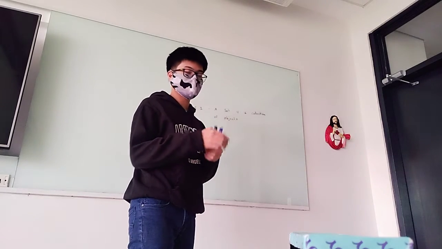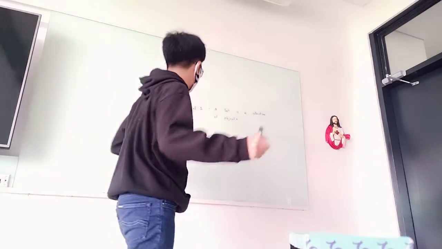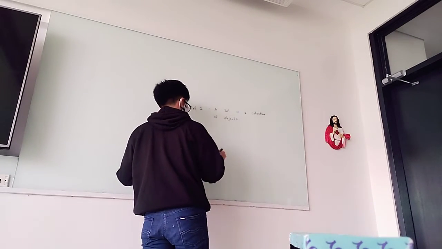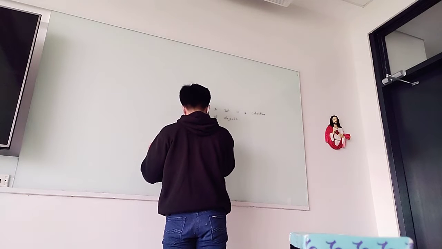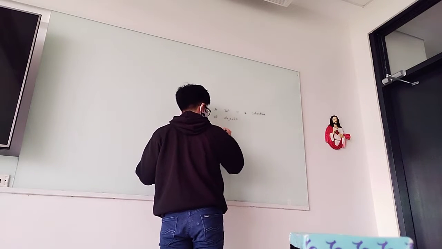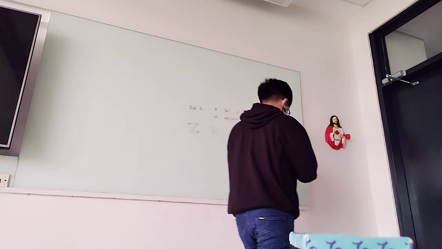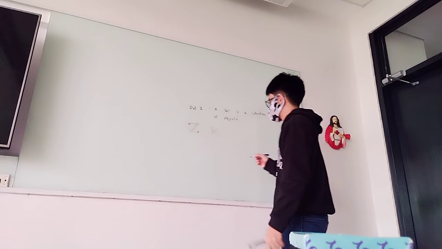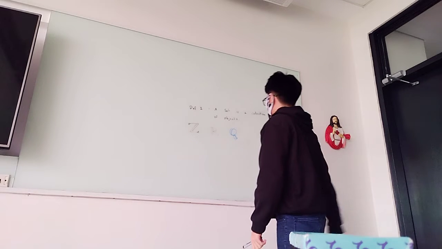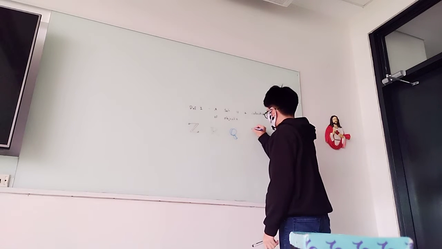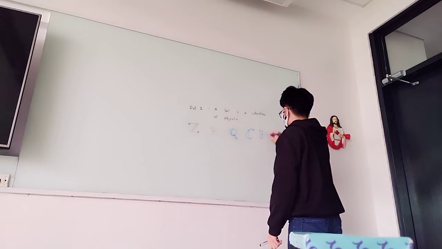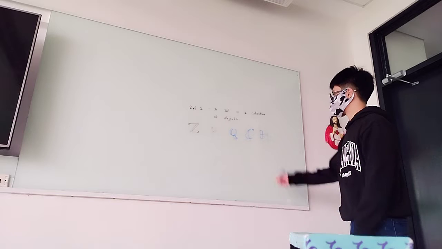The most prevalent sets in the mathematical literature are the integers, the real numbers, the rationals, the complex numbers, and the quaternions. These are the most prevalent ones.